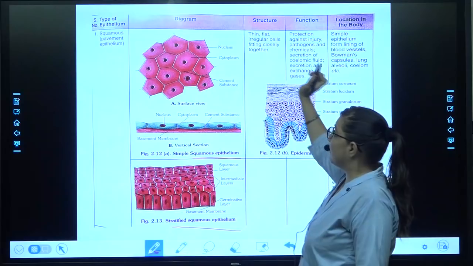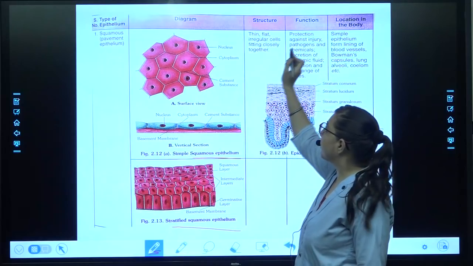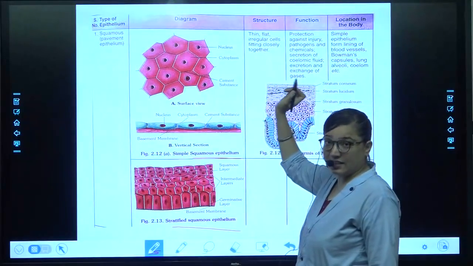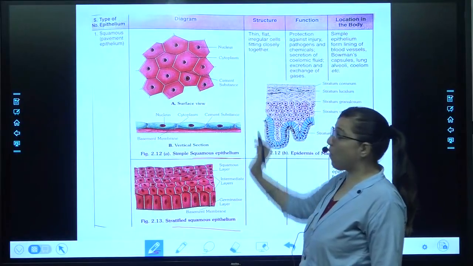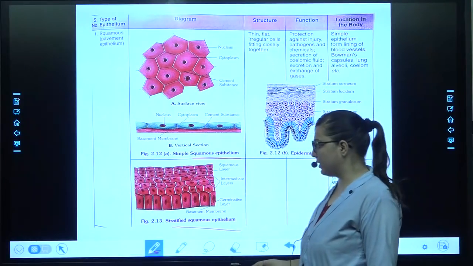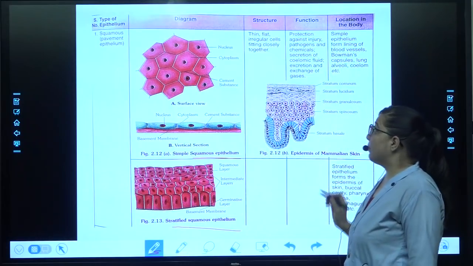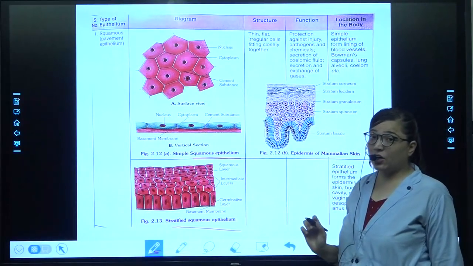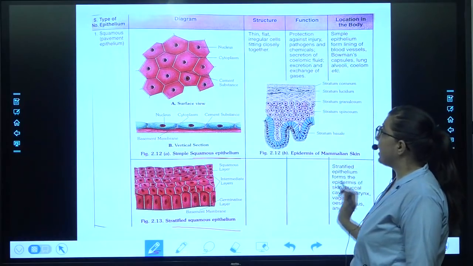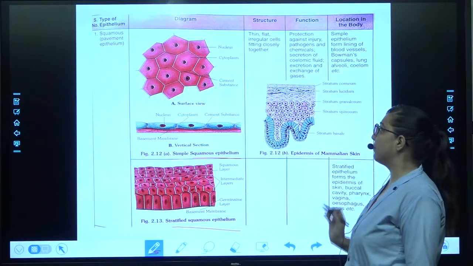What is the structure? These are thin, flat, irregular cells which are closely bonded together. You can see there is no space between them. What is their function? It will protect against any kind of injury, pathogens and chemicals.